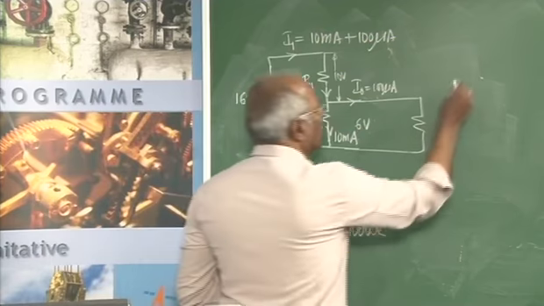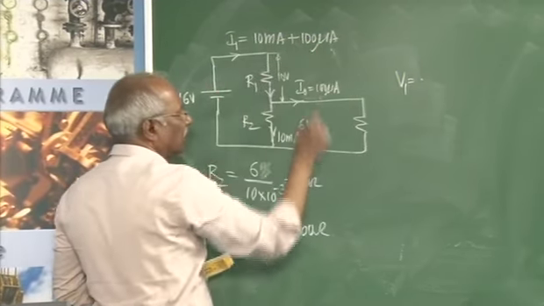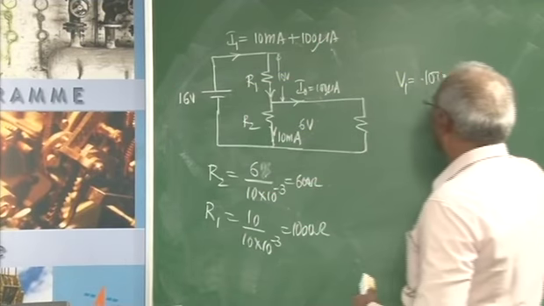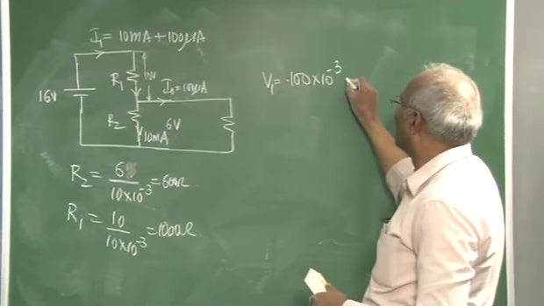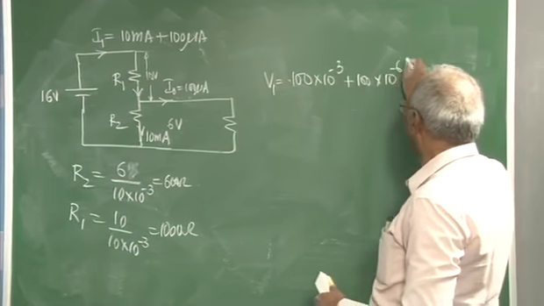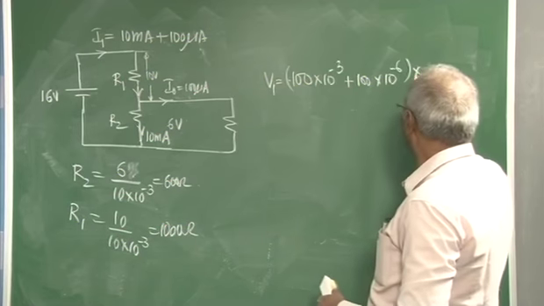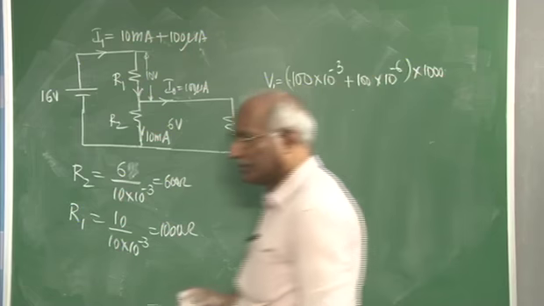Therefore, the voltage across R1 will be equal to the total current, 10 into 10 to the power of minus 3 plus 100 into 10 to the power of minus 6, into 1000.